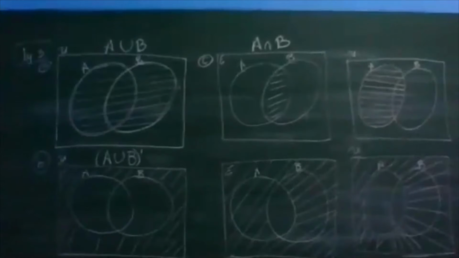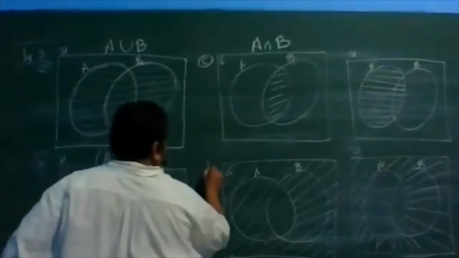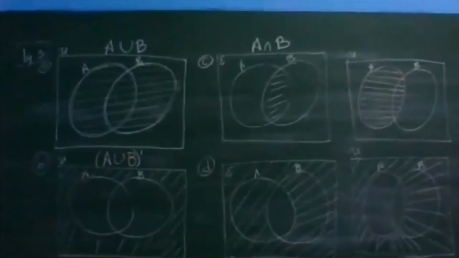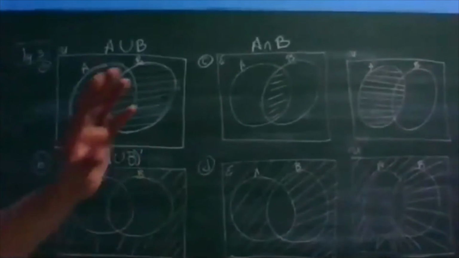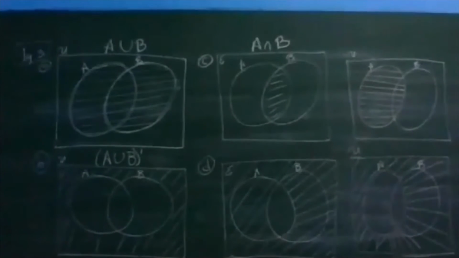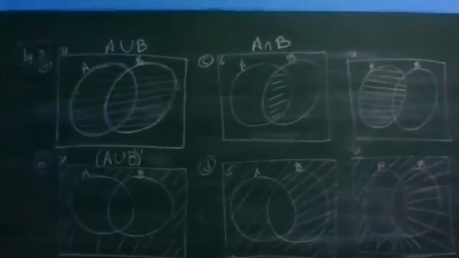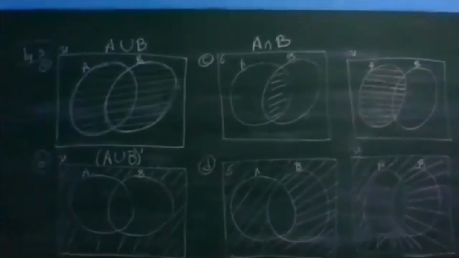What about D? Notice in D, you're shading everything outside of the intersection. So how do we call that? Remember, there's a word that represents outside or missing.